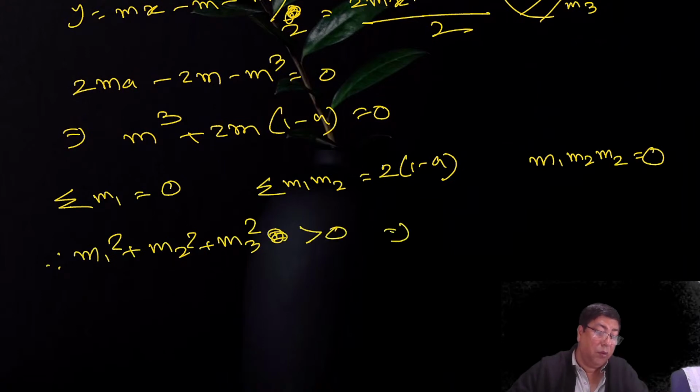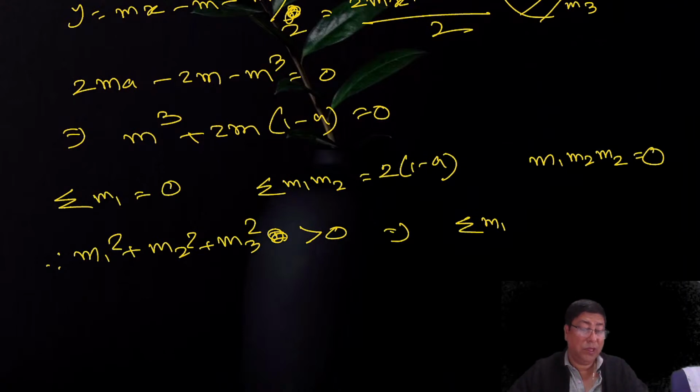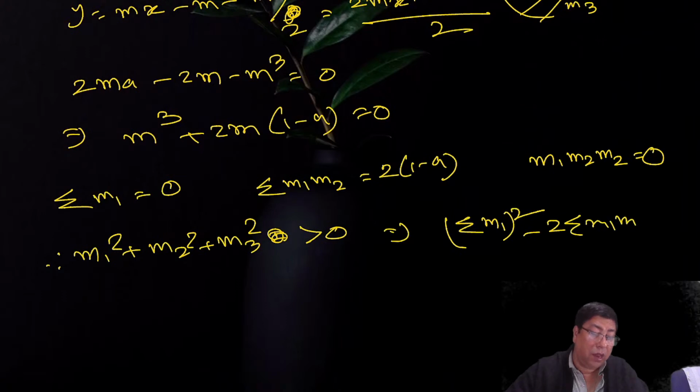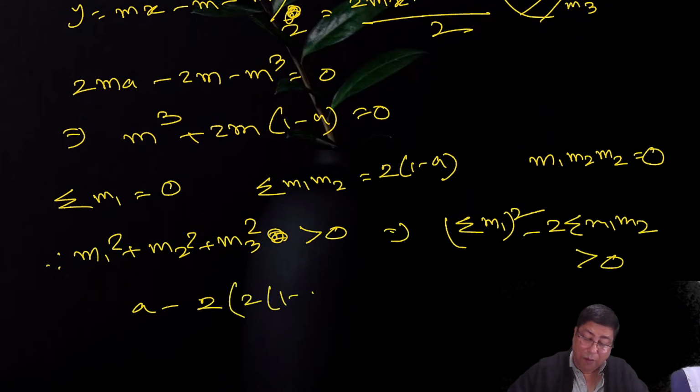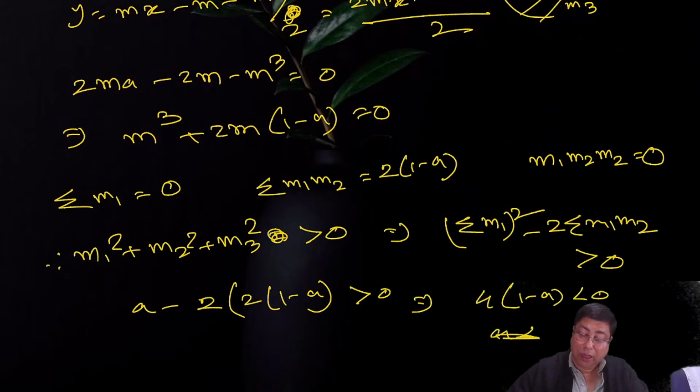Using a squared plus b squared plus c squared equals (a plus b plus c) whole squared minus 2(ab plus bc plus ca), the sum of m squared equals the square of the sum of m minus 2 times the sum of m1m2, which must be greater than 0. So 0 minus 2 into 2(1 minus a) must be greater than 0, so 4(1 minus a) is less than 0, hence a is greater than 1.